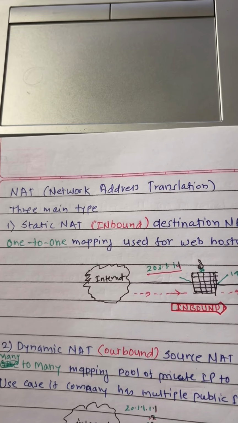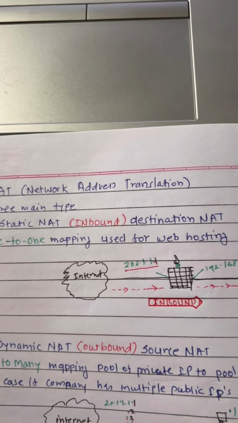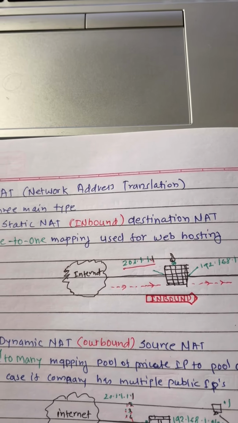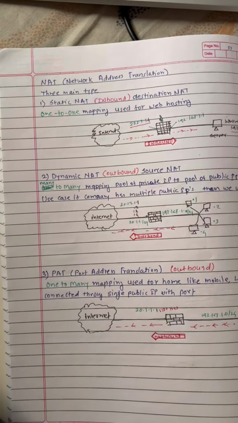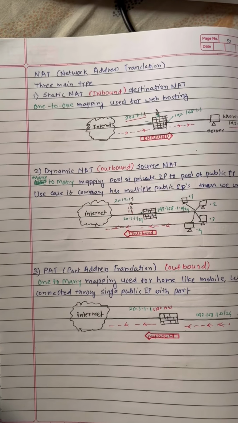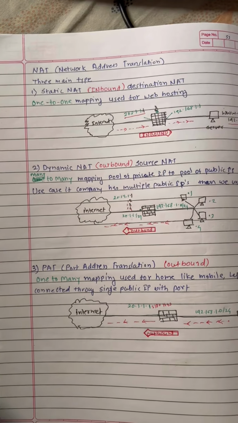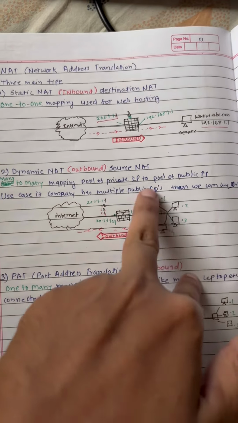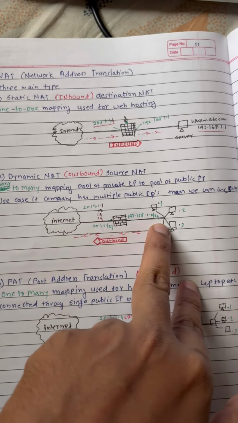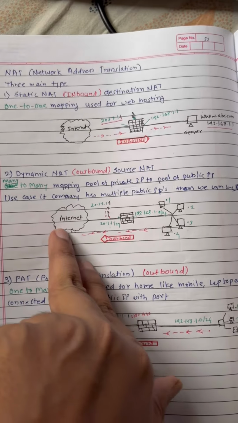And this static NAT we also call a destination NAT. Okay, so the second type of NAT is the dynamic NAT. Dynamic NAT we also call a source NAT, meaning the traffic is coming from an internal host going to the outside host, that is the internet.